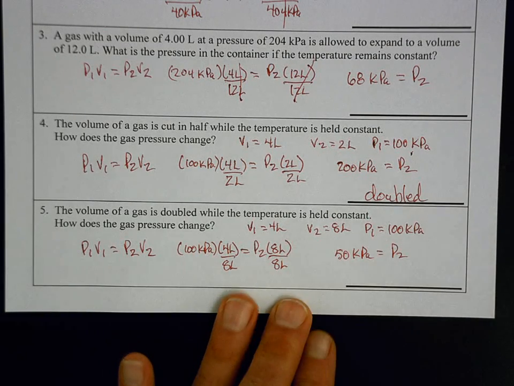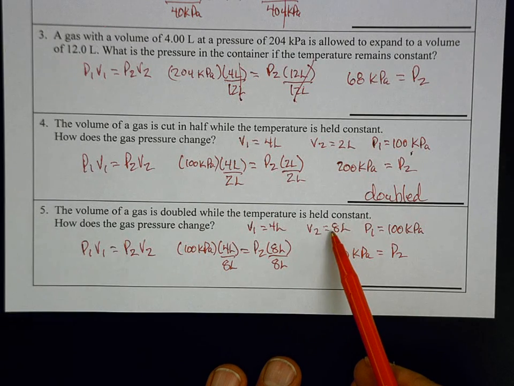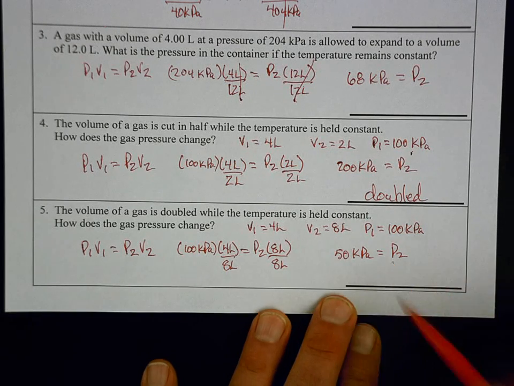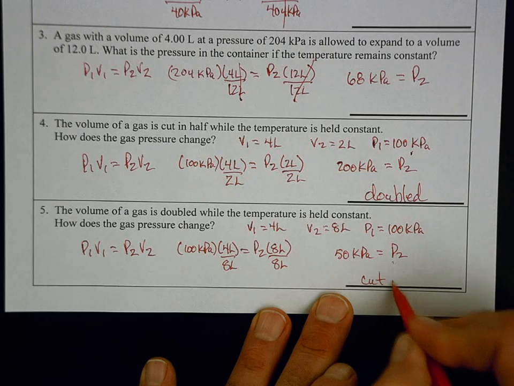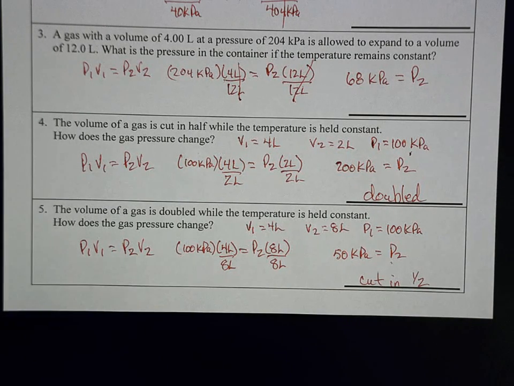So in this case, when I doubled the volume, what can I say about the pressure? Cut in half, or divide by 2, decrease to 50%, something like that.